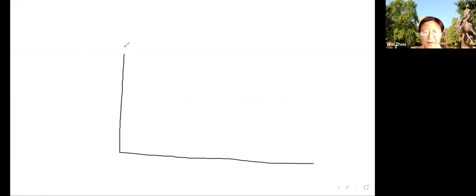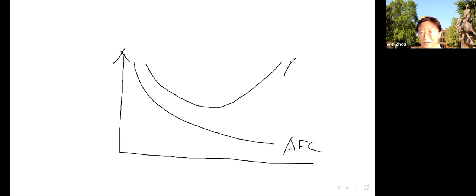Basically, on this graph for the cost, you have average fixed. Then I have average variable, which is U-shape, and since average variable plus average fixed is equal to average total, I will have average total.